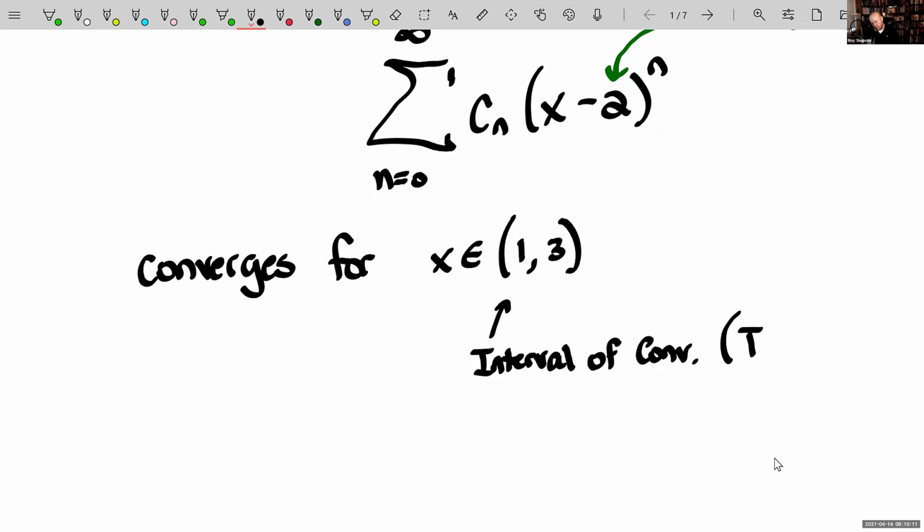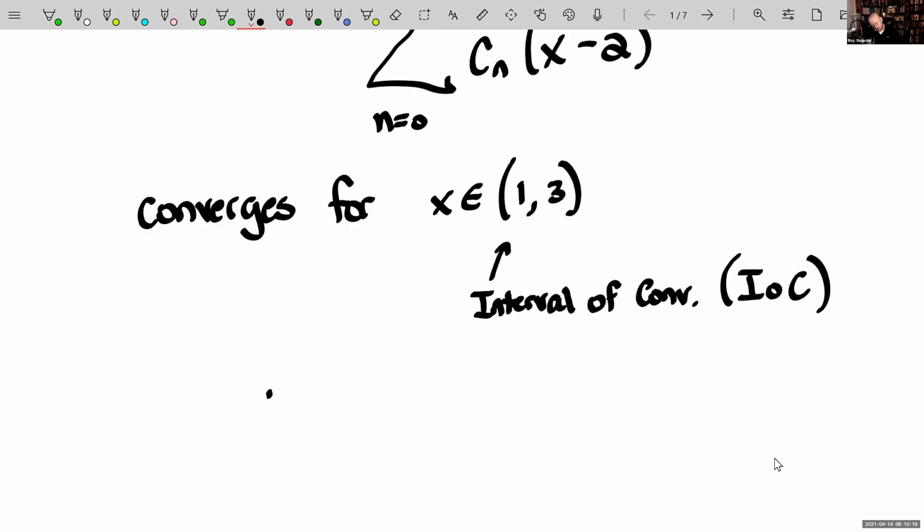I usually use IOC for interval of convergence. Not just me, everybody uses IOC for interval of convergence. And the radius of convergence is 1. Why?